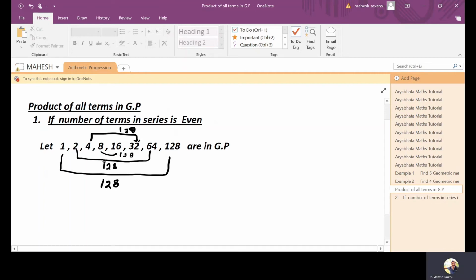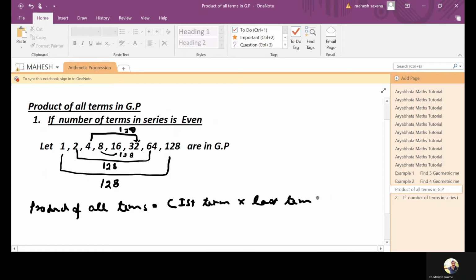Therefore, if there are 8 terms, then there are 4 groups. Therefore, in this case, the product of all terms is equal to first term into last term to the power 4.